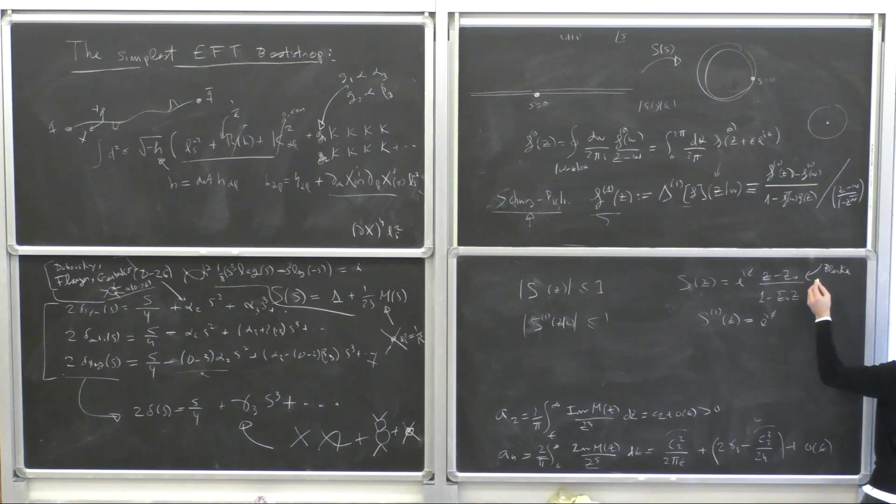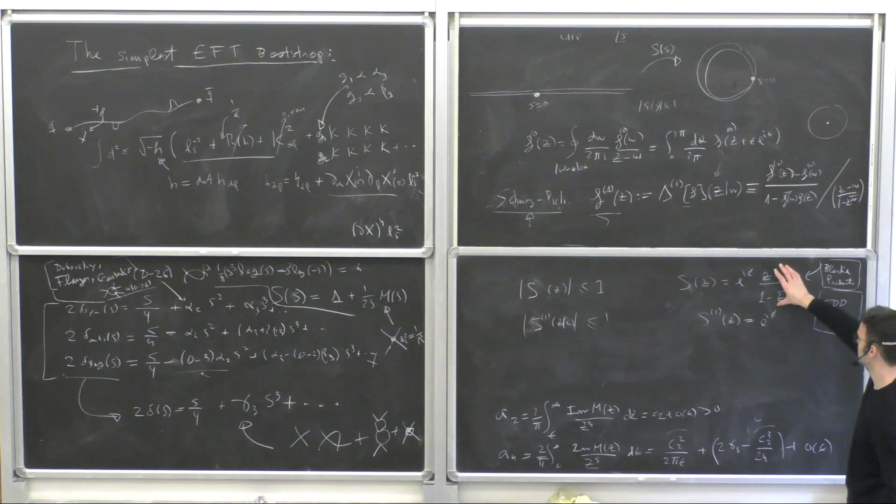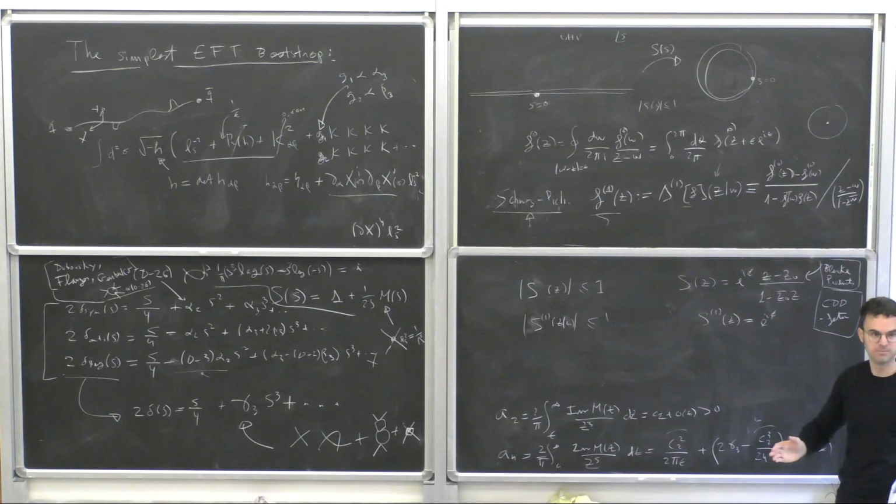If you look for Schwarz-Pick, you will find Blaschke products. And in the S-matrix literature, which were discovered independently, they are called CDD factors. So the CDD factors are holomorphic rational functions that saturate unitarity.